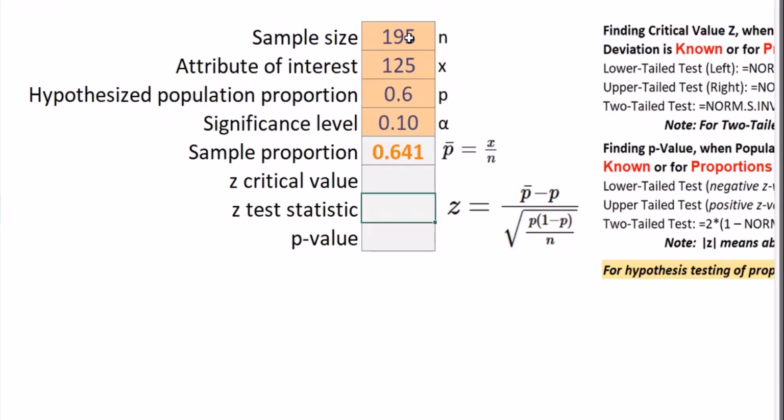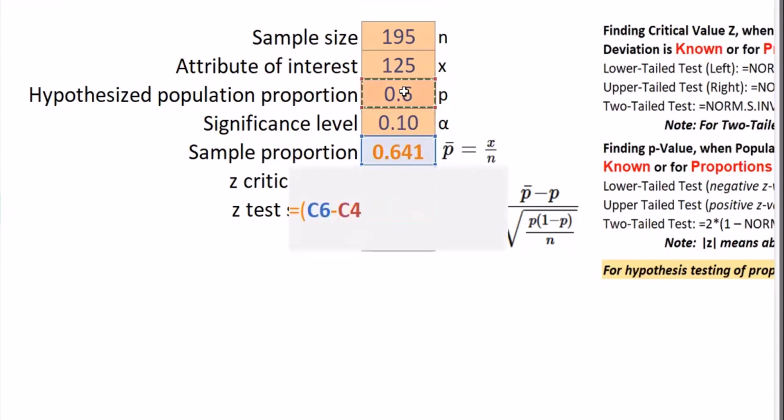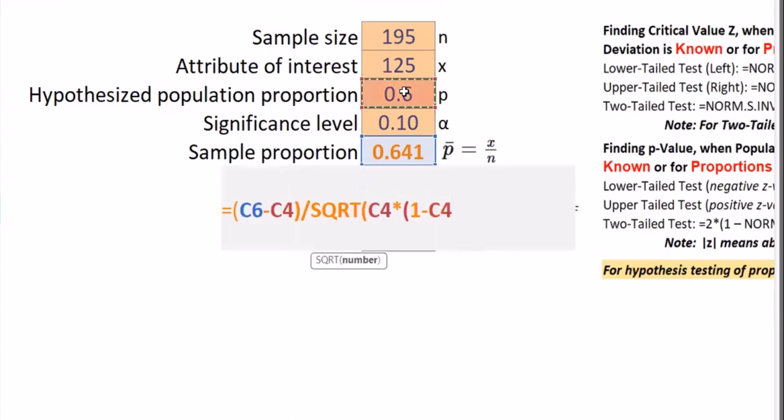So our Z-test statistic is going to be our sample proportion minus our hypothesized population proportion divided by the square root of our population proportion times 1 minus population proportion divided by the sample size.